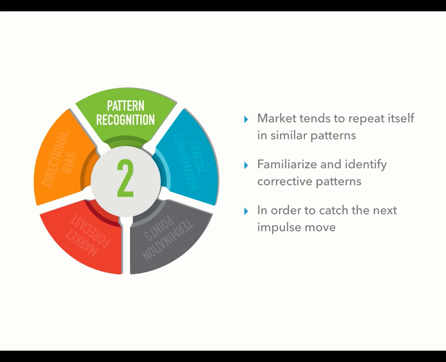But with impulses, when you enter the trade and you're able to ride on the impulse, it becomes a psychologically very easy trade for you to just hold and take. So for pattern recognition, the rule is to identify what pattern is forming, and then from there, spot when it's likely going to end and enter the trade.